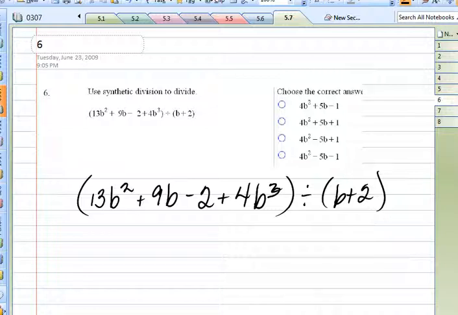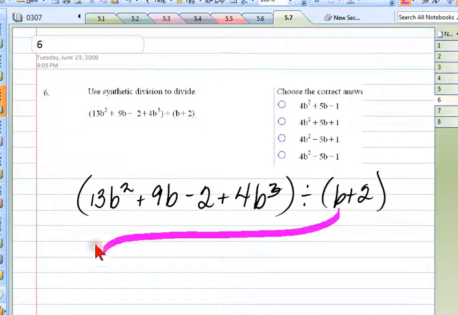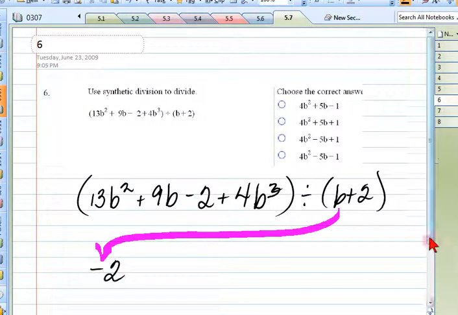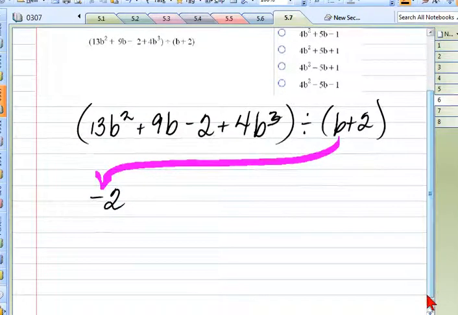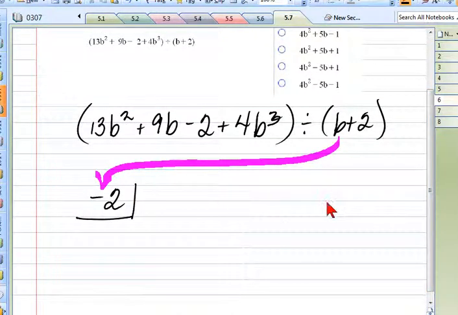What will I write as the divisor? Okay, it will be a negative 2. Now, when I start to write the coefficients of the dividend, what's supposed to come first, the high power or just any old power? The high power.